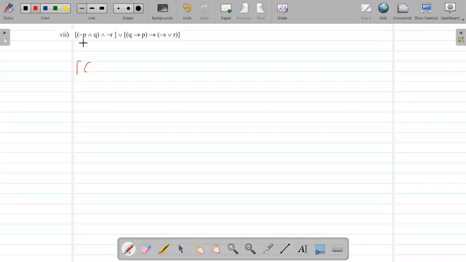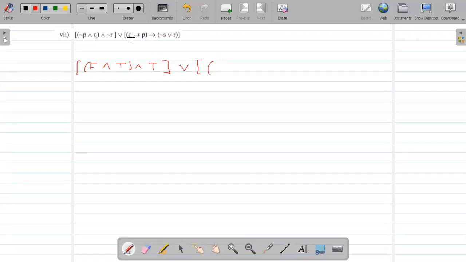P is true, but it says negation P, which means false. Yes, very good. It's false. And what is the value of Q? True. Very good. And what is the value of R? False. Because it is a negation, we will write the alternate. So we'll write true, right?